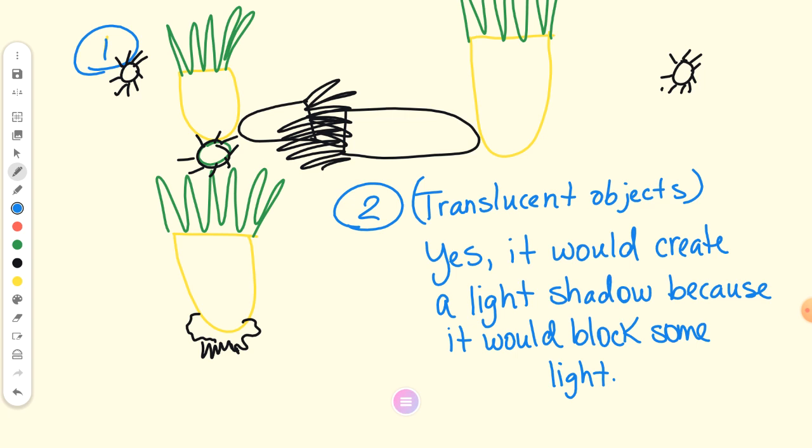If you hold your hand close to the wall and shine a flashlight on it, the shadow will be about the same size as your hand. If you move your hand closer to the flashlight or the light source, the shadow will be larger. So the closer you get to the light source, what happens to the shadow? It gets bigger. And the farther away, it gets smaller.